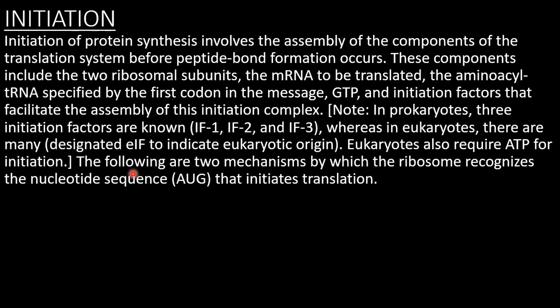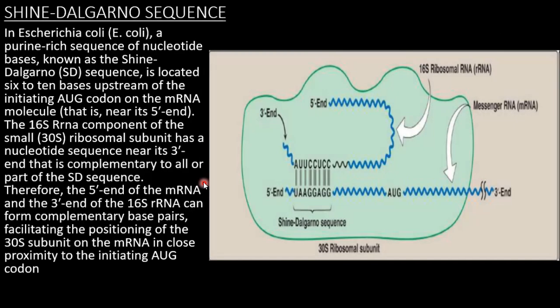The following are 2 mechanisms by which ribosomes recognize the nucleotide sequence, that is the AUG, the start codon that initiates translation. So the first way in which the ribosomes recognize the initiation codon is by use of the Shine-Dalgarno sequence.